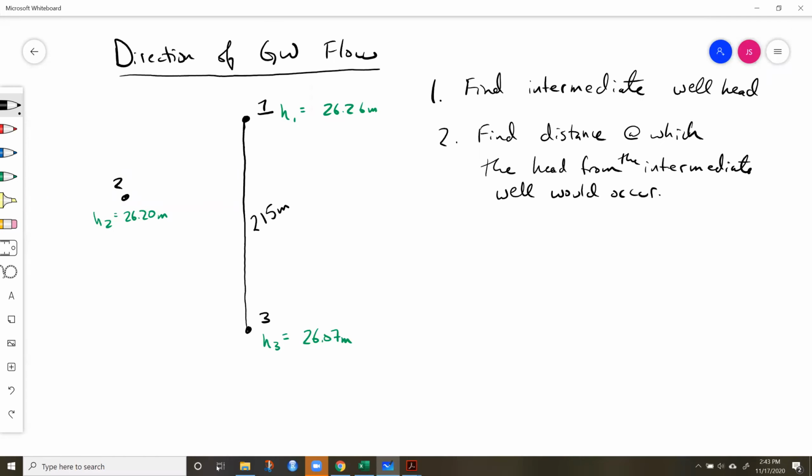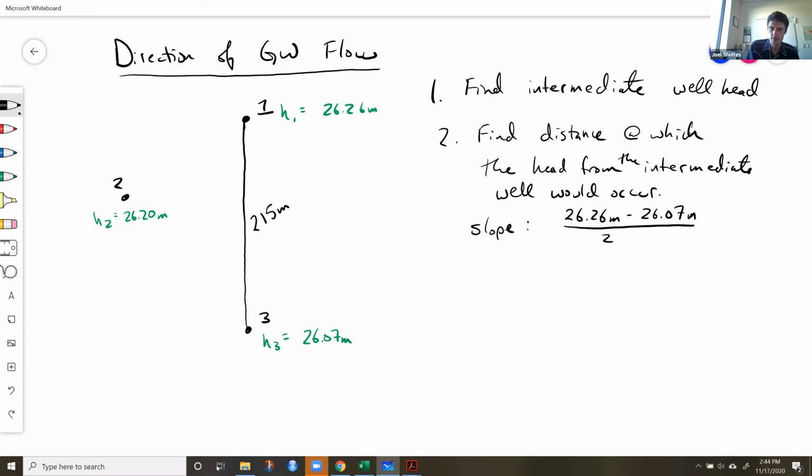And so we're just going to do a little homemade linear interpolation. First, we're going to calculate the slope between the two wells. That is 26.26 minus 26.07 divided by the distance, and we'll just say S for slope. If we calculate that, it's equal to 0.00088. So that's our slope.